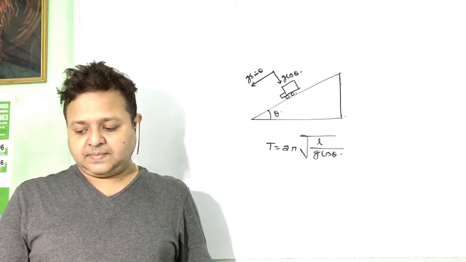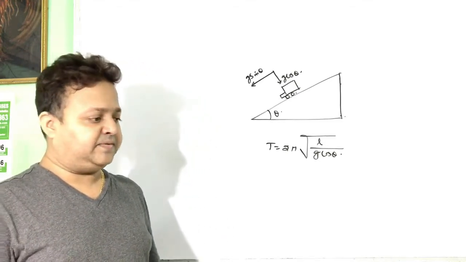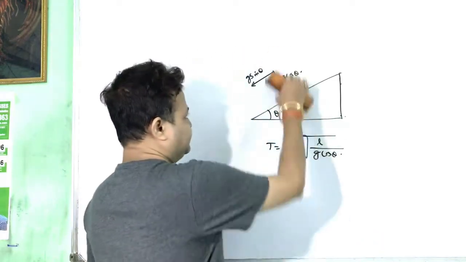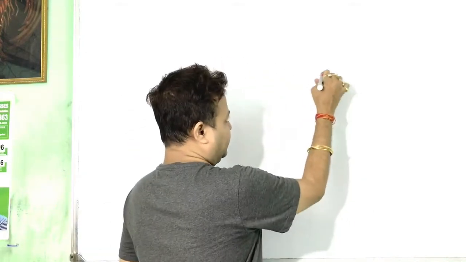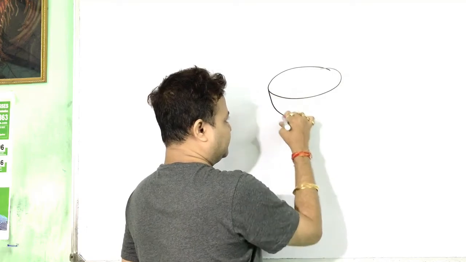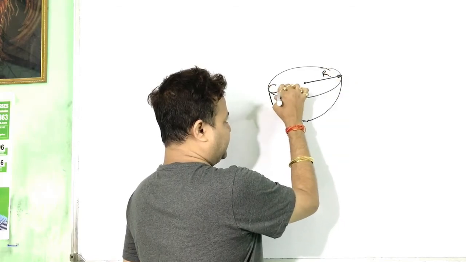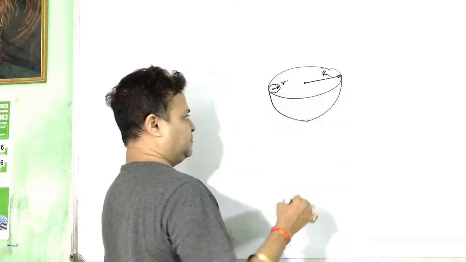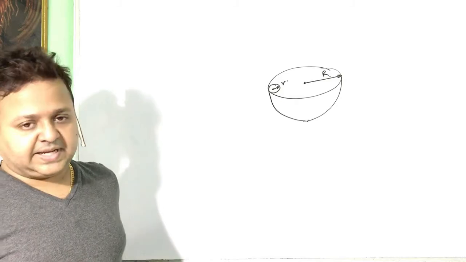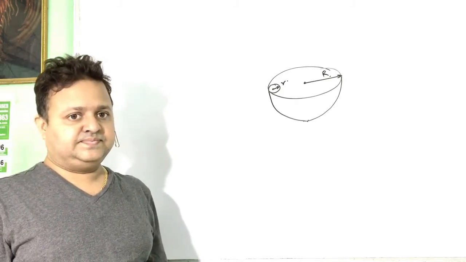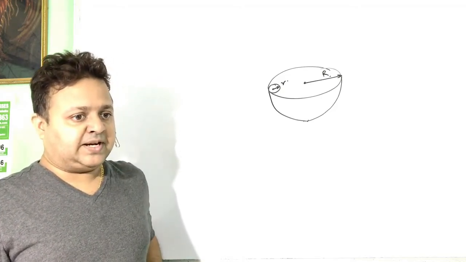Next, consider a hemisphere of radius capital R. A sphere of smaller radius r is placed inside the hemisphere.